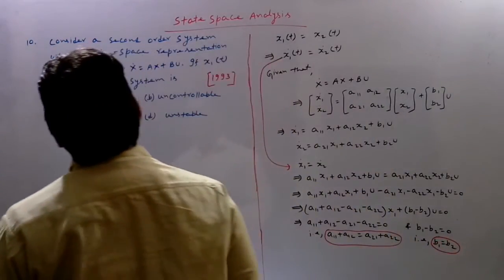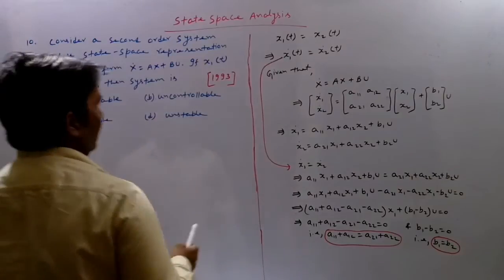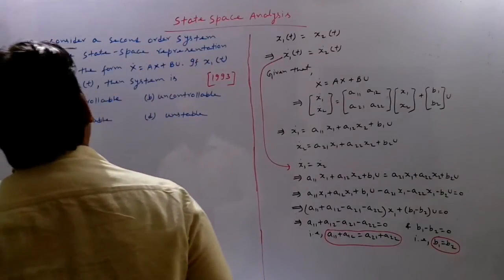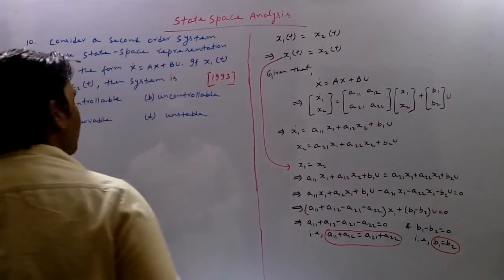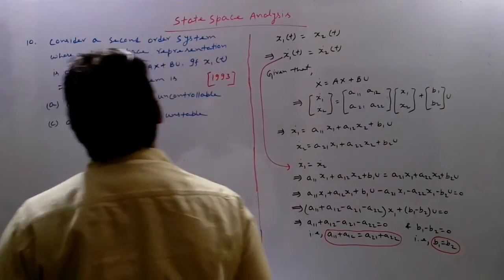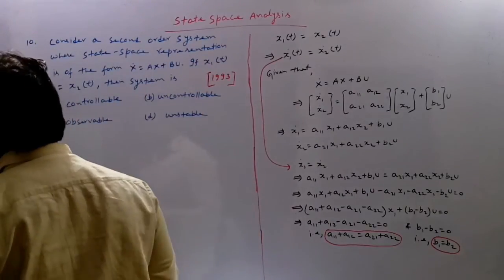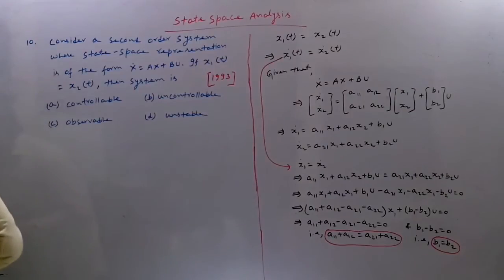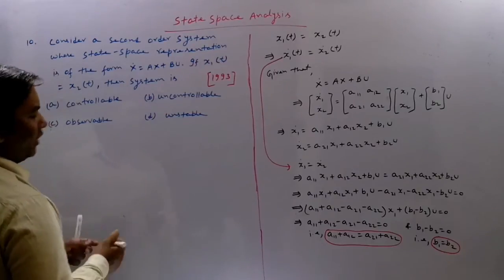Now let us check the controllability and observability of the system. At first we will check the controllability of the system. Controllability means we have to calculate the matrix QC.